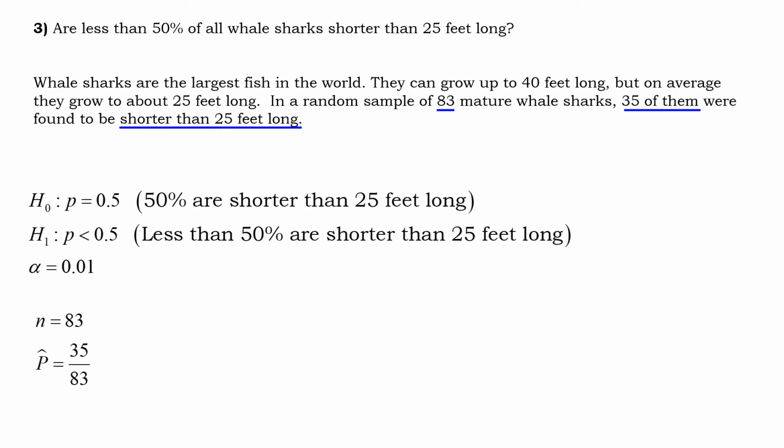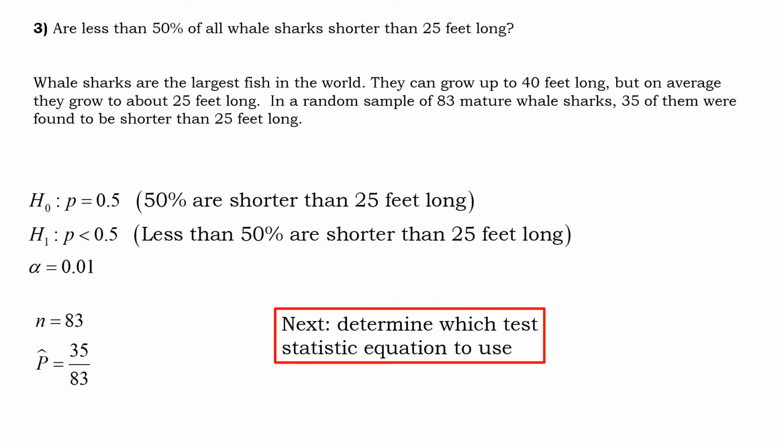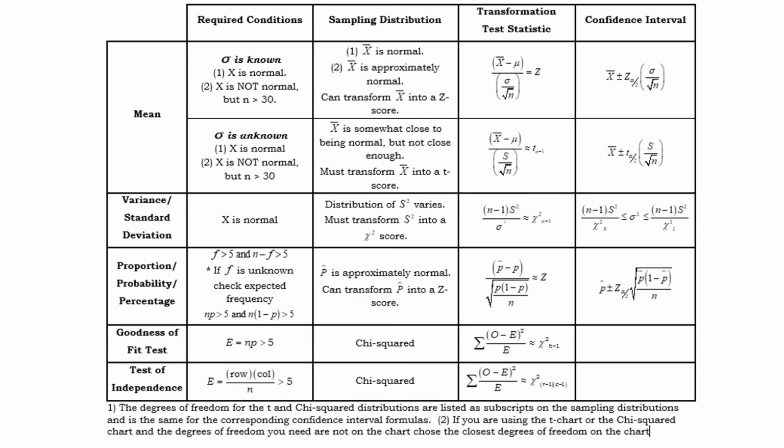So the ratio of how many are shorter than 25 compared to the denominator, how many we checked, 83, is 35 out of 83, or 35 83rds is the proportion of whale sharks in our sample that were shorter than 25 feet long. Now, symbols are critical. Notice here we have P, we have P hat, and in a minute we're going to get to P value, which is not the same as the value of P. Okay, so we have our hypothesis, we have our sample data sorted out. Again, it's time to determine our equation. One more time back to the formula sheet.